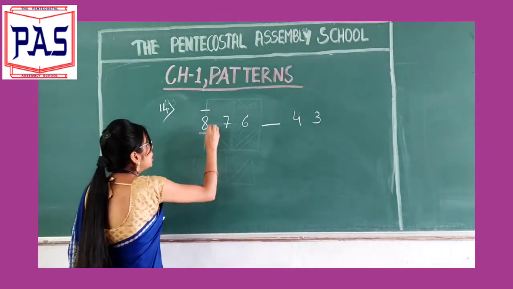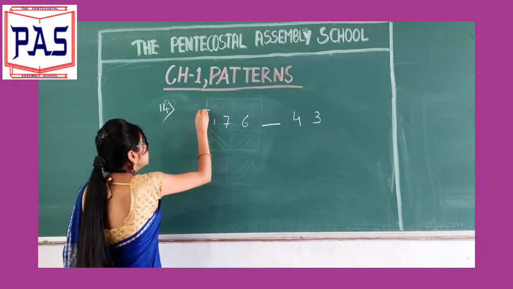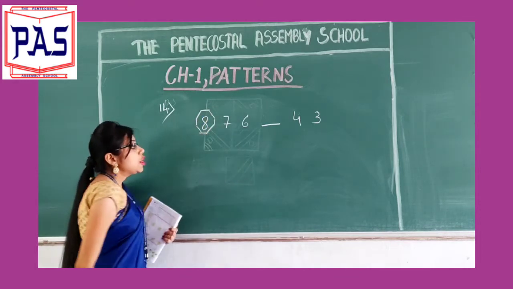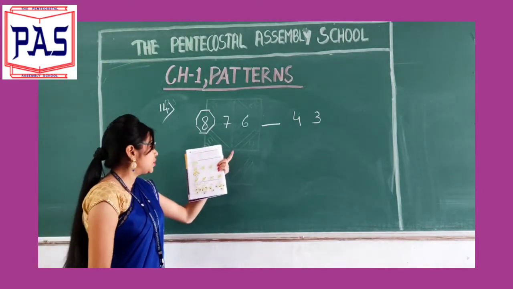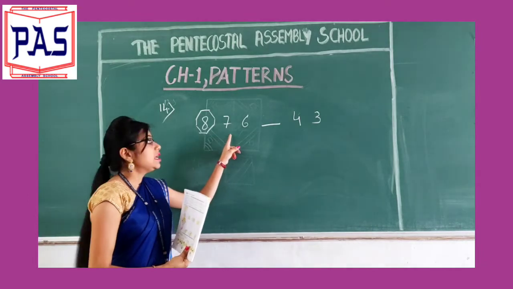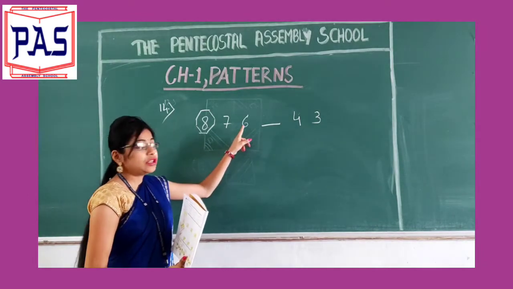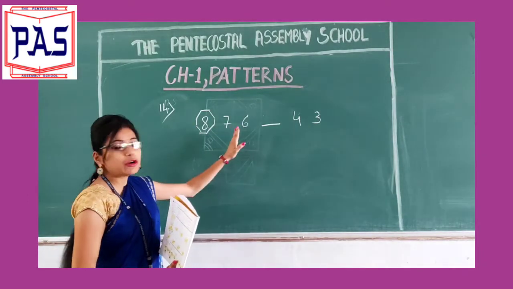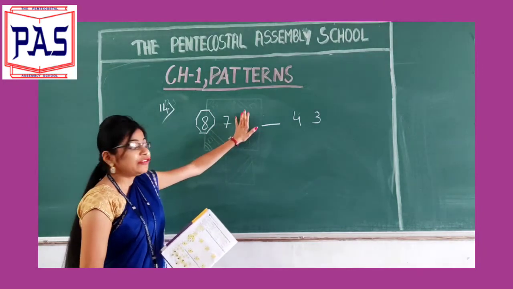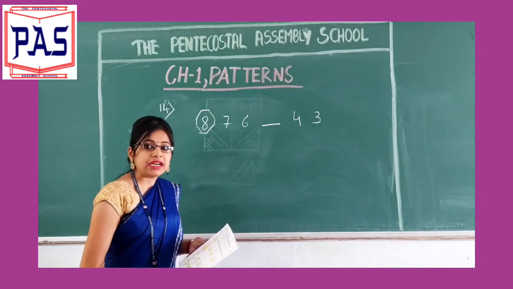It has 8 sides, so the figure is like this. In the box with number 7, you can see that the figure has 7 sides. Similarly, in the box with number 6, the figure contains 6 sides.